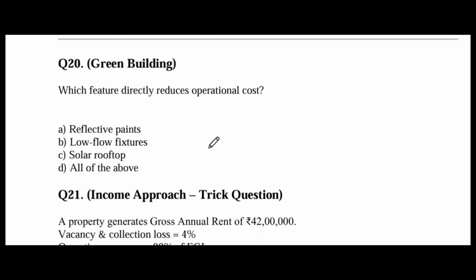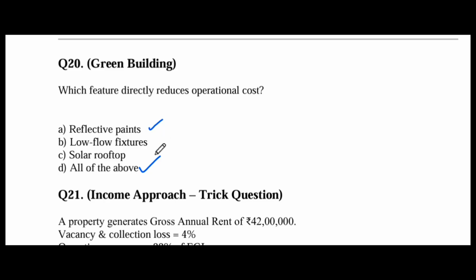Which feature directly reduces operational cost? Reflective paints, low flow fixtures, solar rooftop, all the above. All the above. Why? Because reflective paints reduce cooling cost, right? Air conditioners may not be operated more frequently. So reflective paints give a cooling effect to the building, so it saves energy.